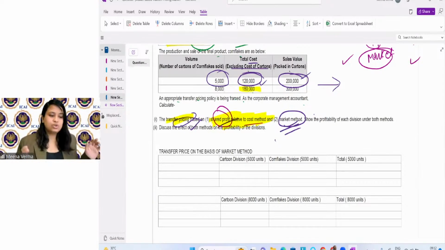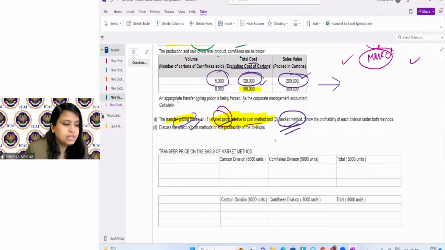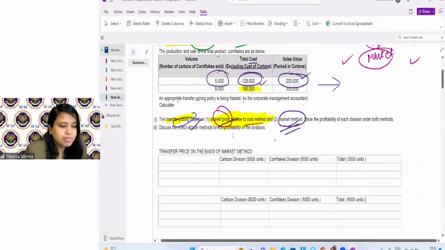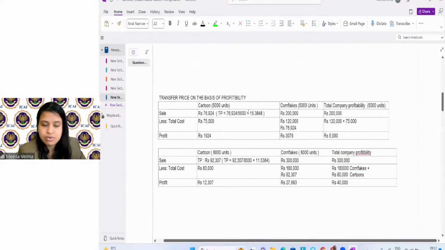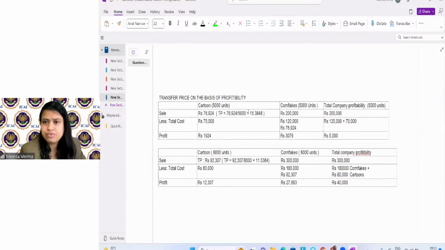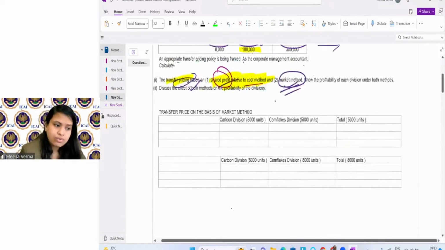So we are doing this calculation. Keep it in mind, they're also asking you to find the profitability of each division and discuss it. In the last calculation, we calculated the overall profitability of each division. Here also we will do the same thing and then we will do the discussion also.